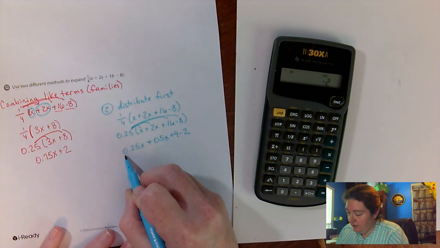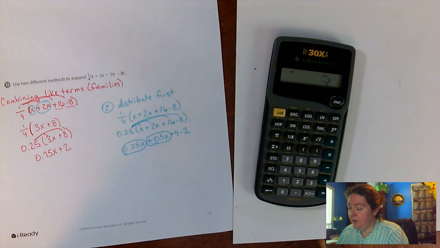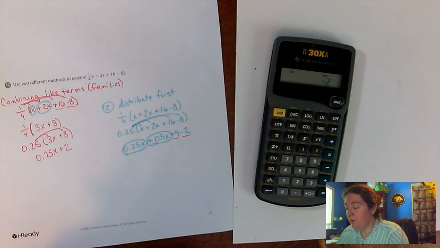I've got X family, plain Jane family, plain Jane family. So what am I going to do?